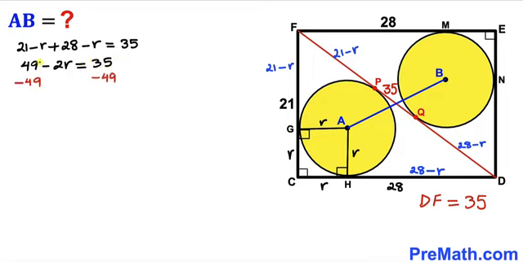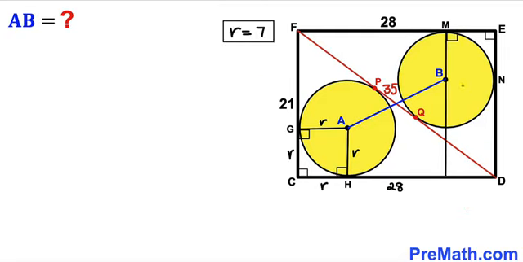Let's go ahead and subtract 49 from both sides. This is gone. So therefore we got negative 2 times r equal to negative 14. Let's go ahead and divide both sides by negative 2. So therefore our radius r turns out to be 7 units.